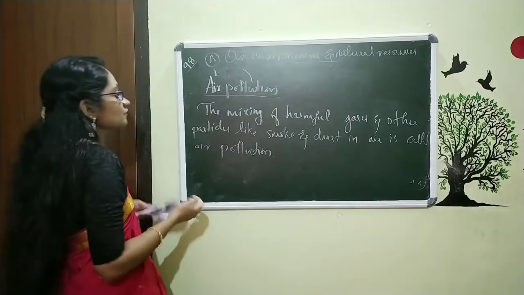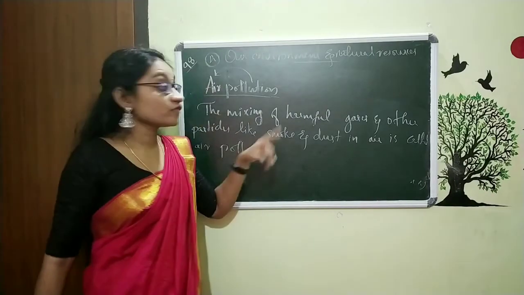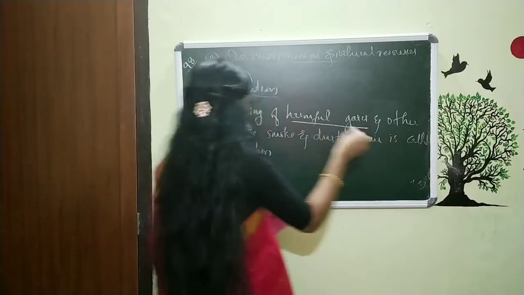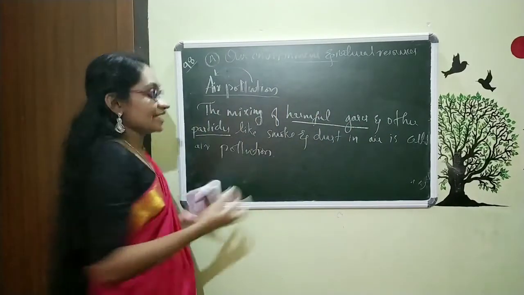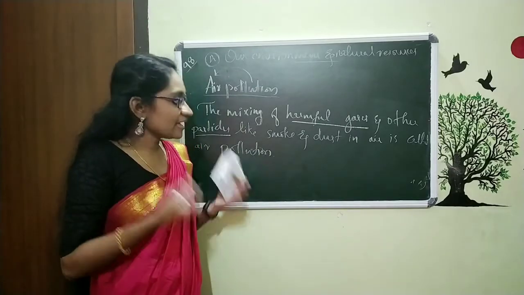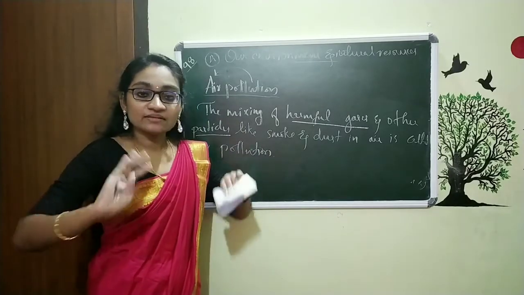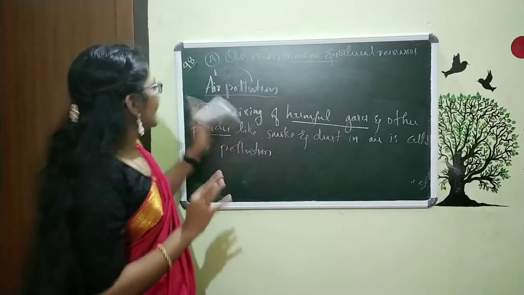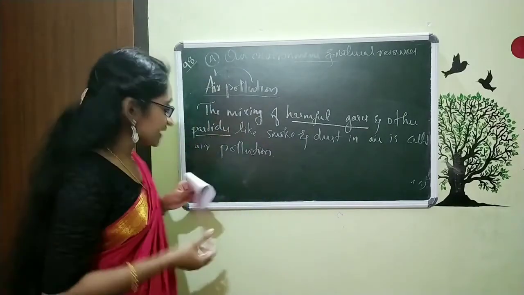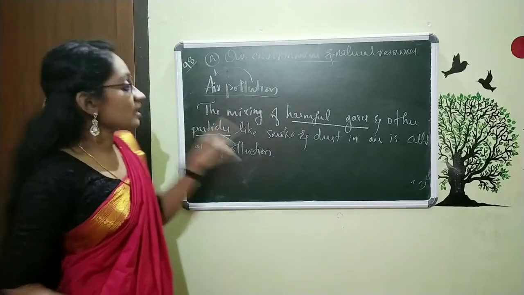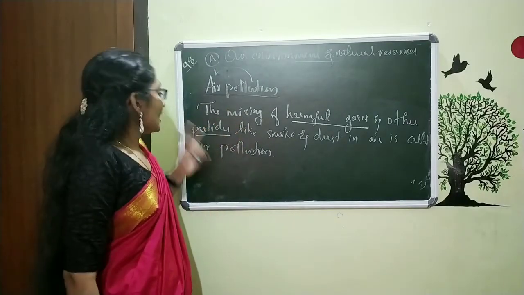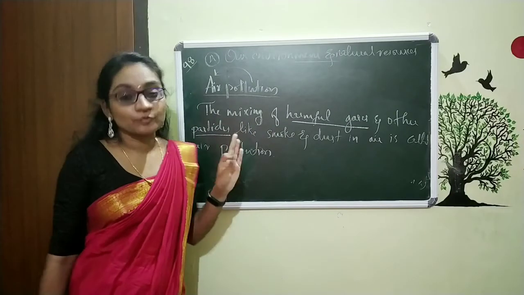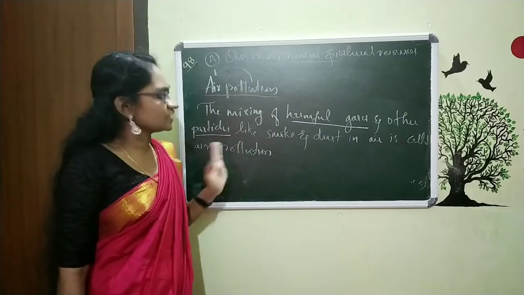So this is the definition for air pollution. Here we are mixing some sort of harmful gases and other particles like smoke, dust and all in the air, and then the air is converted to some sort of pollutant. That means air pollution occurs. This is the simple definition.